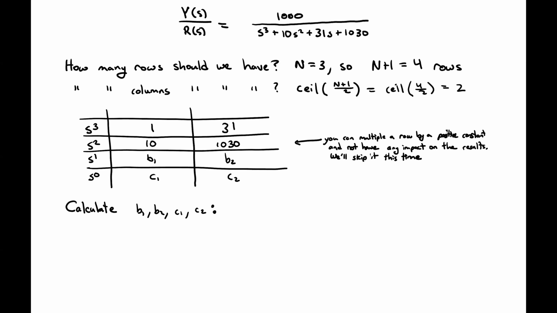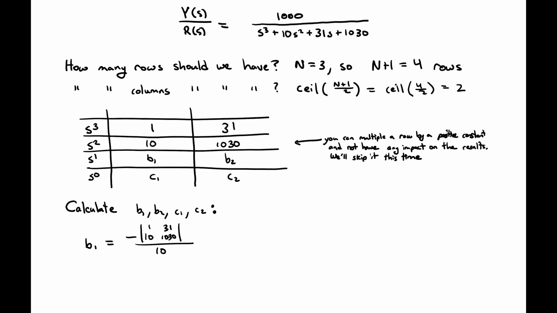So let's focus on B1. For B1, we need the negative of some matrix divided by the first coefficient that's in the row above what we're looking for. So that matrix there, how do we determine its values? Well, we go up a row, we go all the way to the left from where B1 is, right? We look at the entries there, that's our left column, so that's 1 and 10, right?